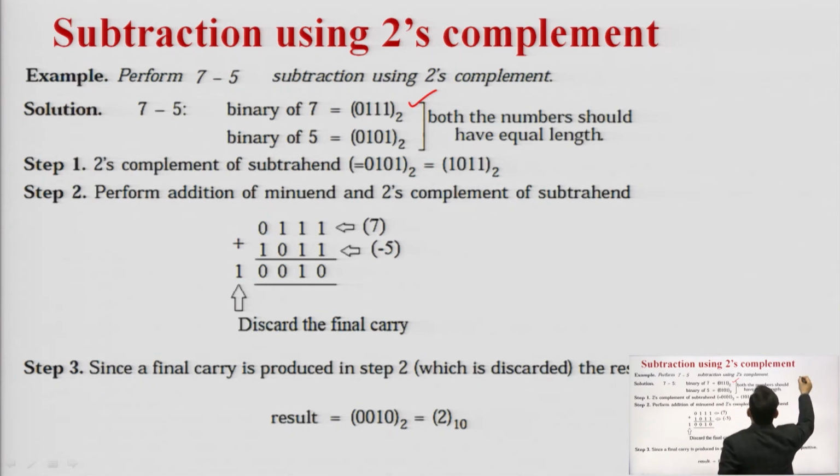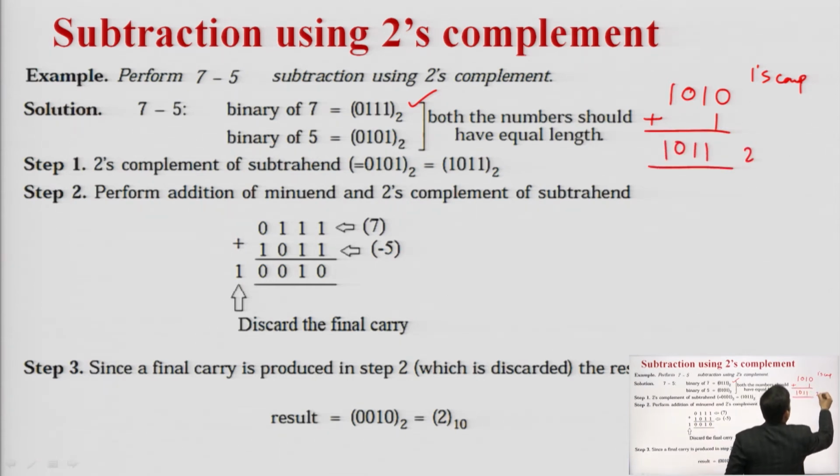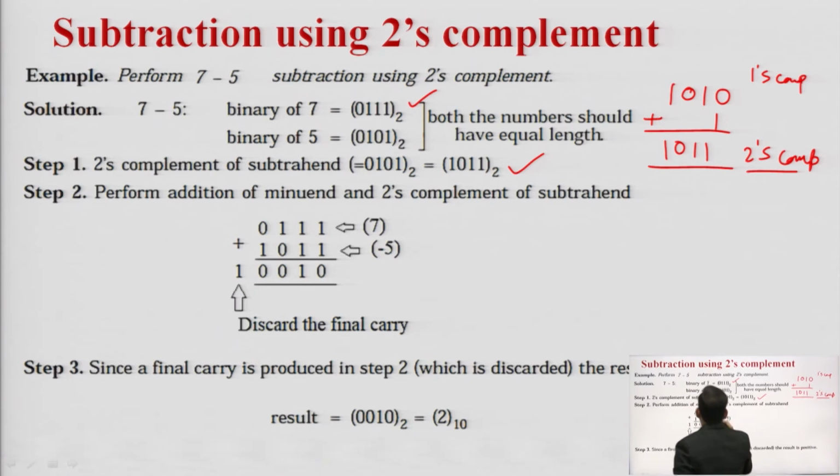So 1's complement of 5 will be 1010. This is the 1's complement. Now if we add plus 1, then this is 1011. This is the 2's complement. So this is 7, 0111, and 1011.